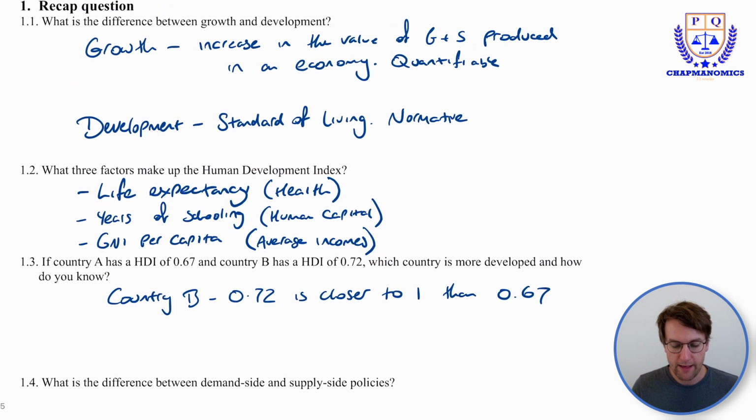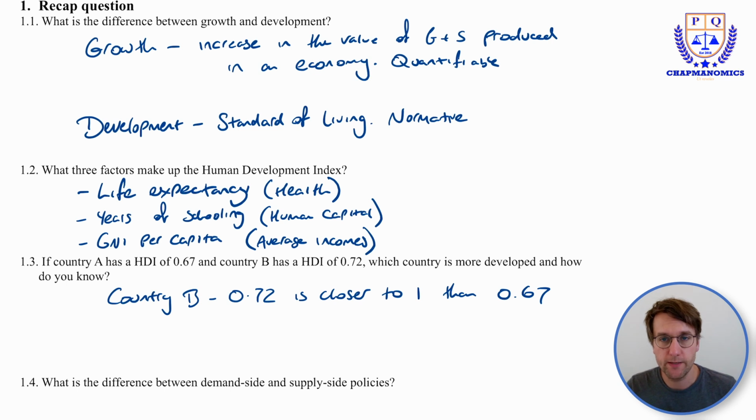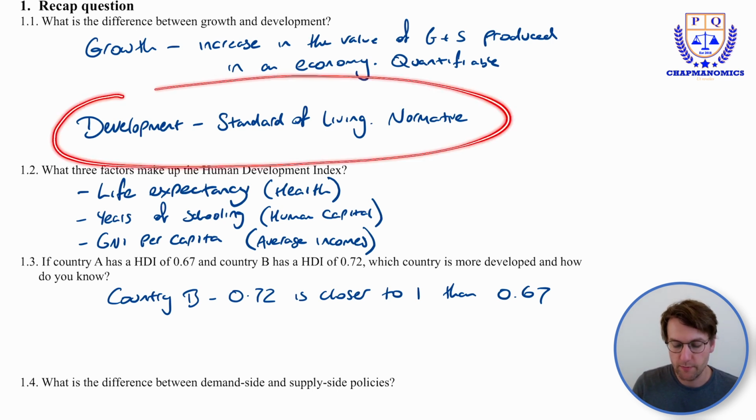So whenever we are looking at any kind of question to do with growth and development, we want to split that question into two parts. Split it into the growth part and split it into the development part. And growth is all about increasing the value of goods and services in the economy. It's about shifting out AS or shifting out AD or shifting out both. And development, on the other hand, is all about standards of living.